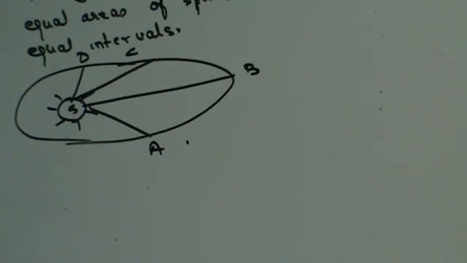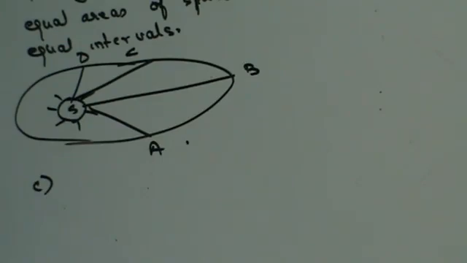So if I consider the interval when the planet moves from A to B, and in that same interval the planet moves from C to D, then the area of ASB will be equal to the area of CSD. Do you get this? This is called the law of areas.